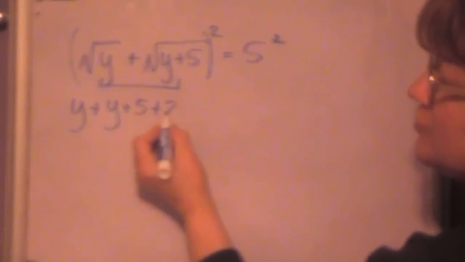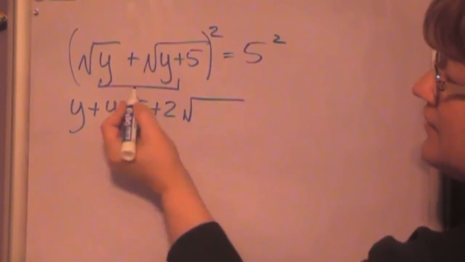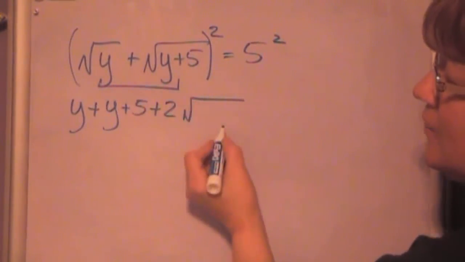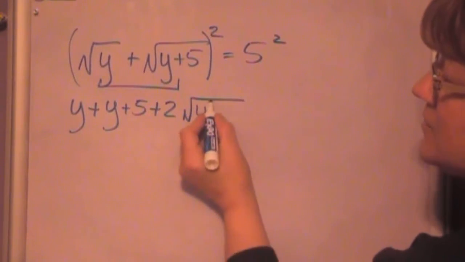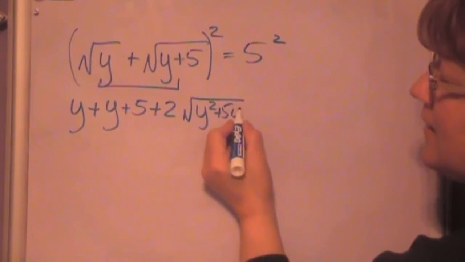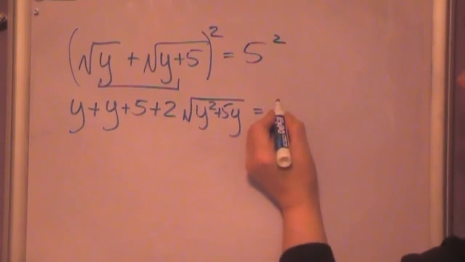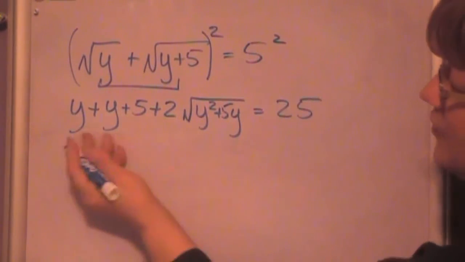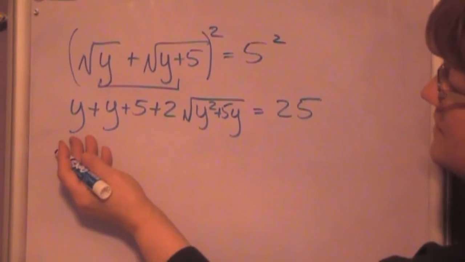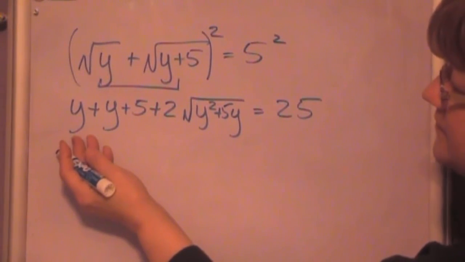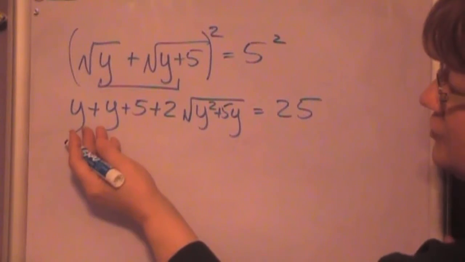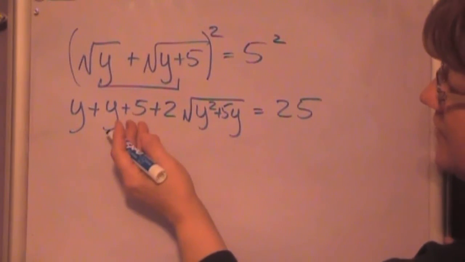Well, that's plus 2 times root. If I take the product of y and y plus 5, I get y squared plus 5y. Now I'm going to leave that like this. That's equal to 25. And now I'm going to take these two y's, add them together, and I get 2y plus 5.